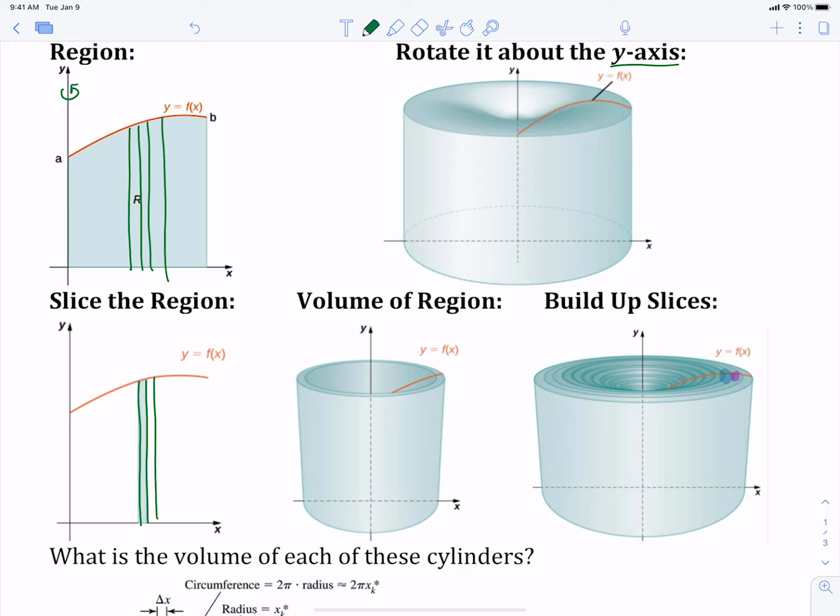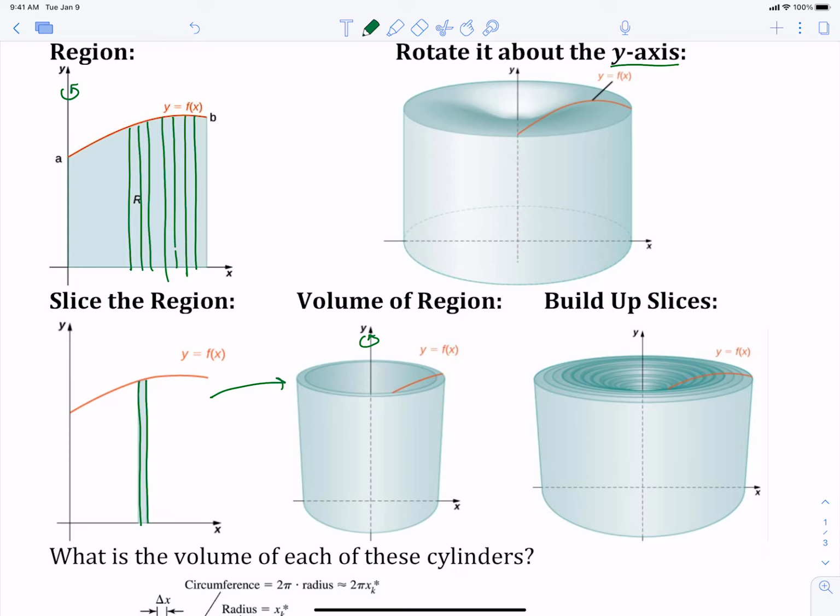And the picture that we have down below here is one of those strips, and then we take and rotate one of those strips around the y-axis and it creates a cylinder. It creates basically that cylinder that doesn't have a top or a bottom. And then the idea is that we'll take these other strips that we have cut up here in our original function and we'll spin them around and create these nesting cylinders that we've got.